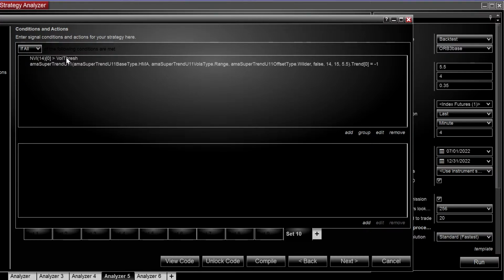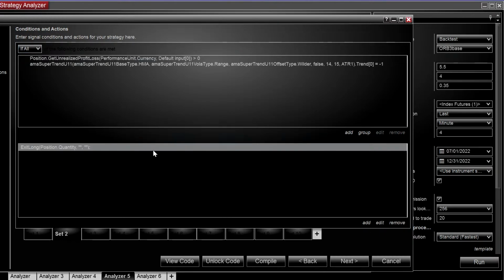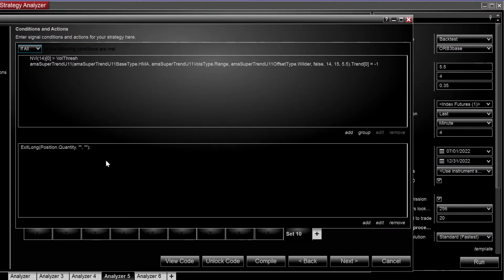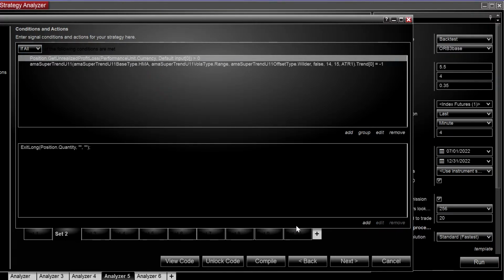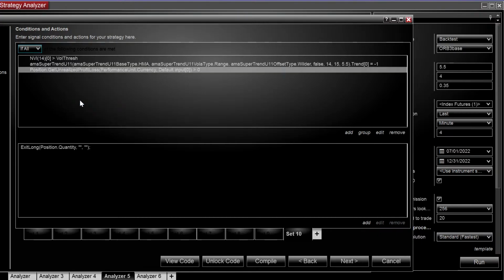Greater than 0.35. So this exit condition, basically we just got to add a threshold to both of our exit conditions.